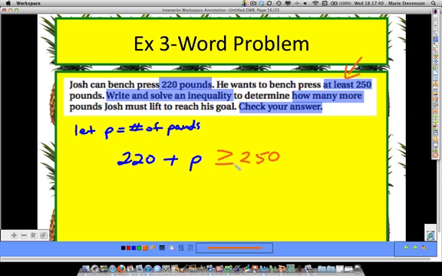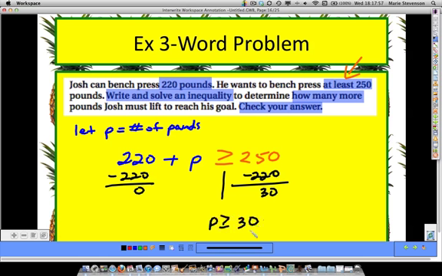Okay, we want it at least to be 250 or bigger, because that's his goal. He wants to do at least 250 pounds. So we go ahead and we solve this. So we minus 220, and we get 30. So we get P greater than or equal to 30.